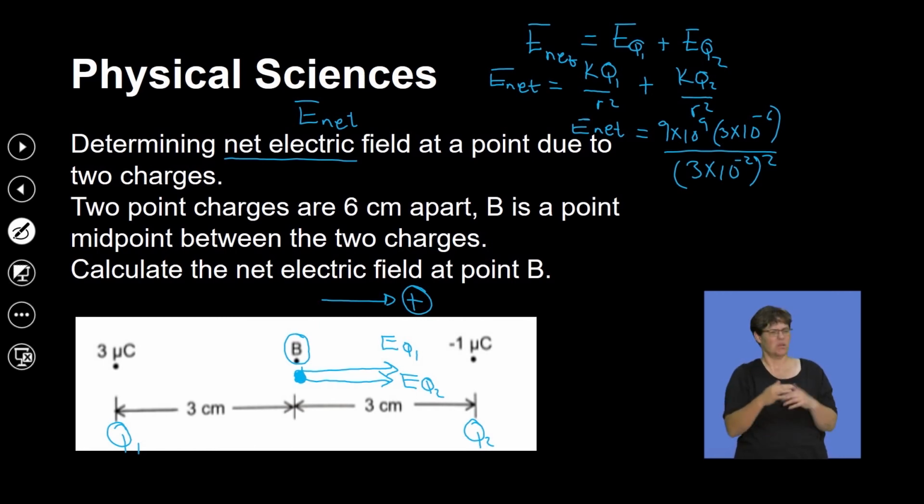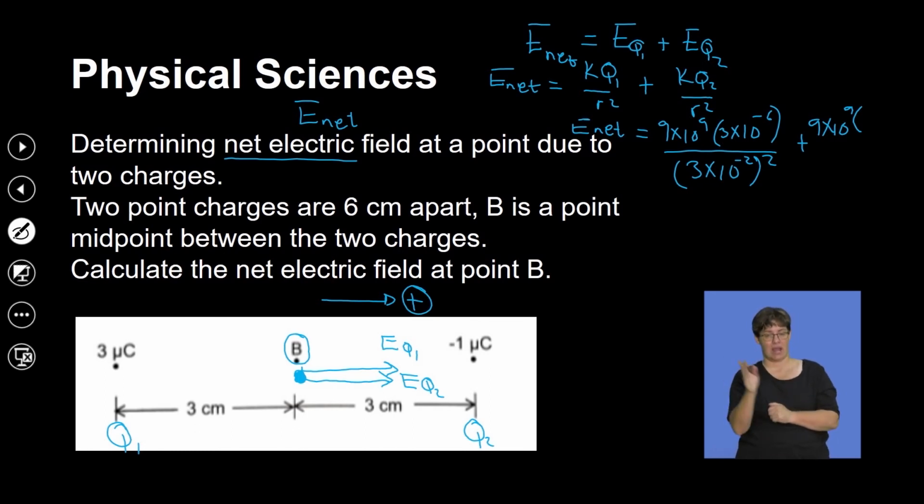What about E due to Q2? So this is plus E due to Q2. We do our substitution, 9 times 10 exponent 9, multiplied by our value for the charge Q2. Now we'll ignore the negative because it will mess up our direction, since we've used the vector diagram to determine that E due to Q2 is to the right.